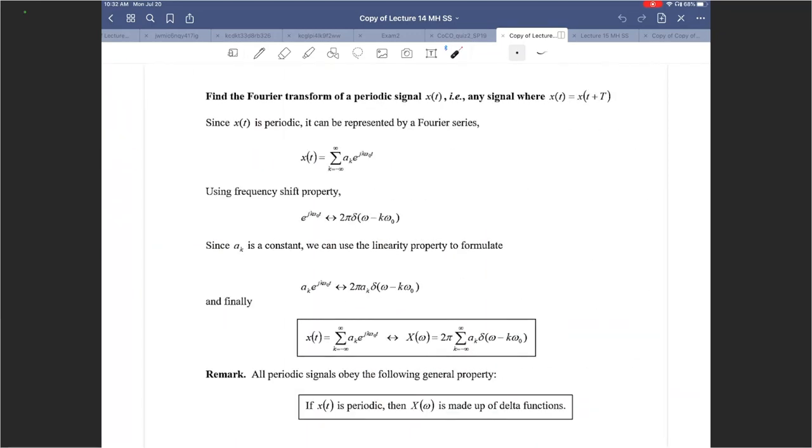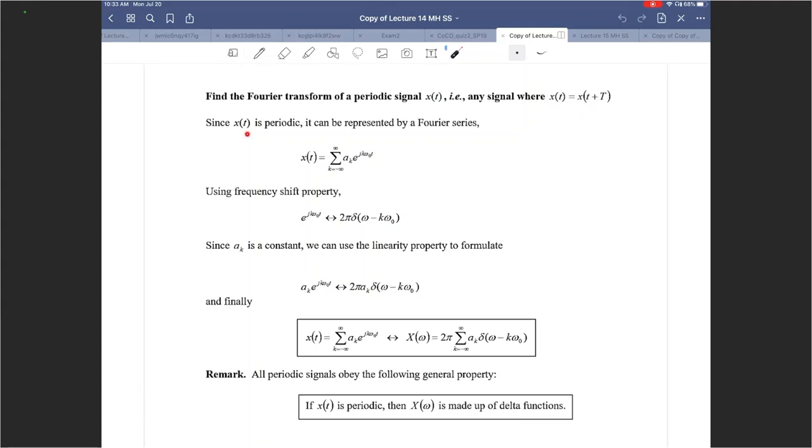So if you have a periodic signal, say x of t, and it is periodic, so it has to have some period cap T that exists such that x of t equals x of t plus cap T, right? That's the definition of periodicity.